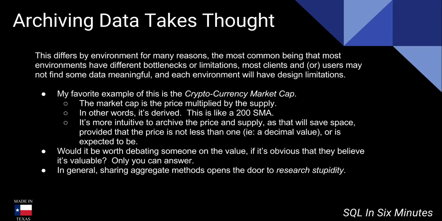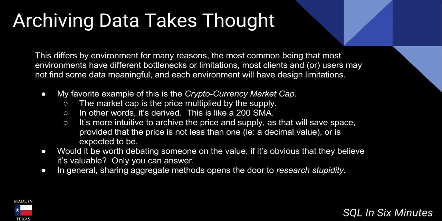However, what happens if the person is still doing aggregates with the 200 simple moving average for the last 40 years? Well, it's going to be really expensive on the reads to do that on the fly. So it makes a lot more sense to go ahead and archive that 200 simple moving average, even if it's a derived measure, right?